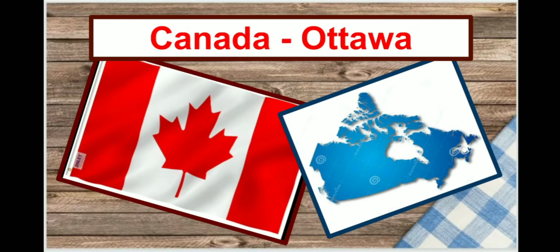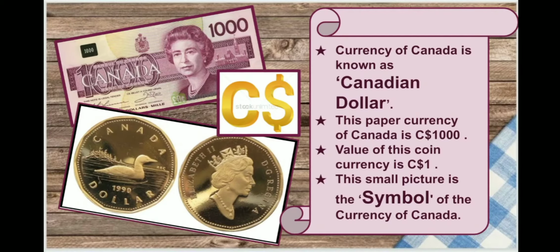Next, Canada, and its capital is Ottawa. Currency of Canada is known as Canadian dollar. You can see in the picture, and value of this paper currency is 1000 Canadian dollar.